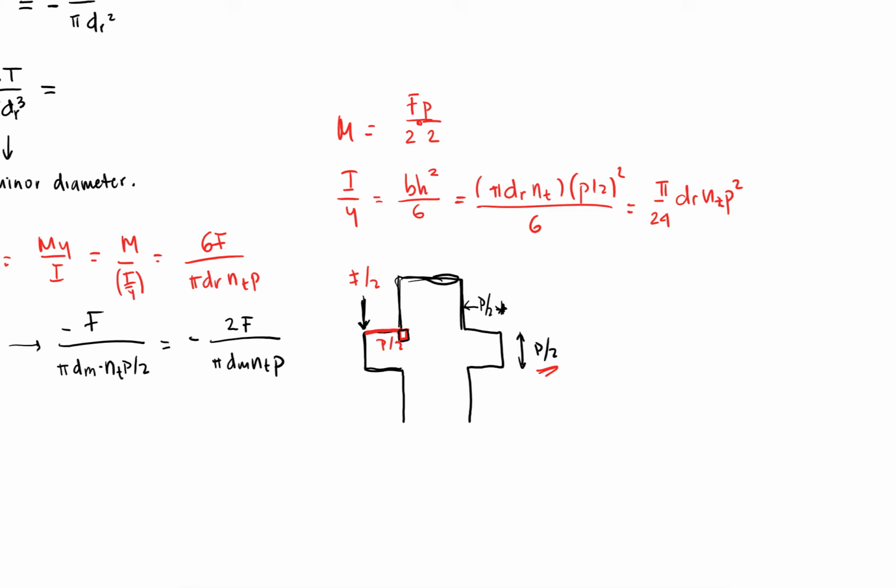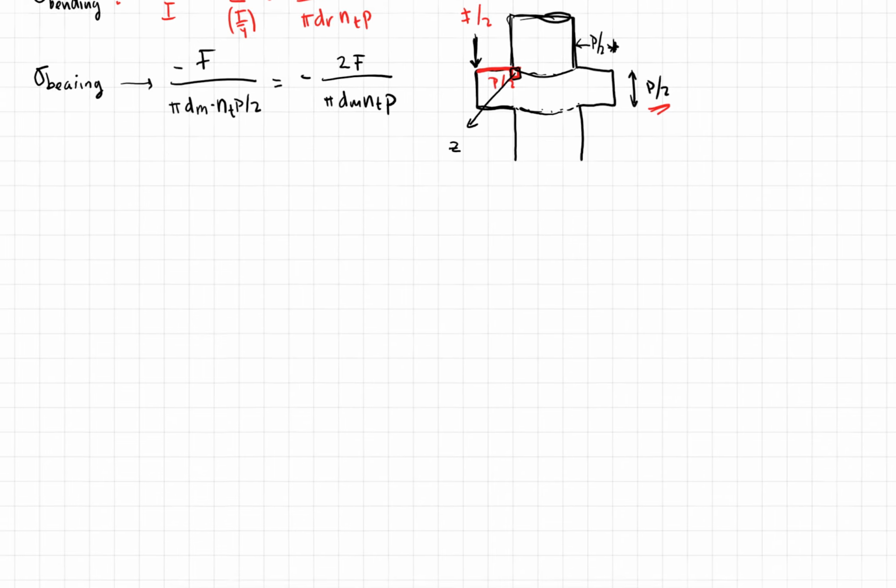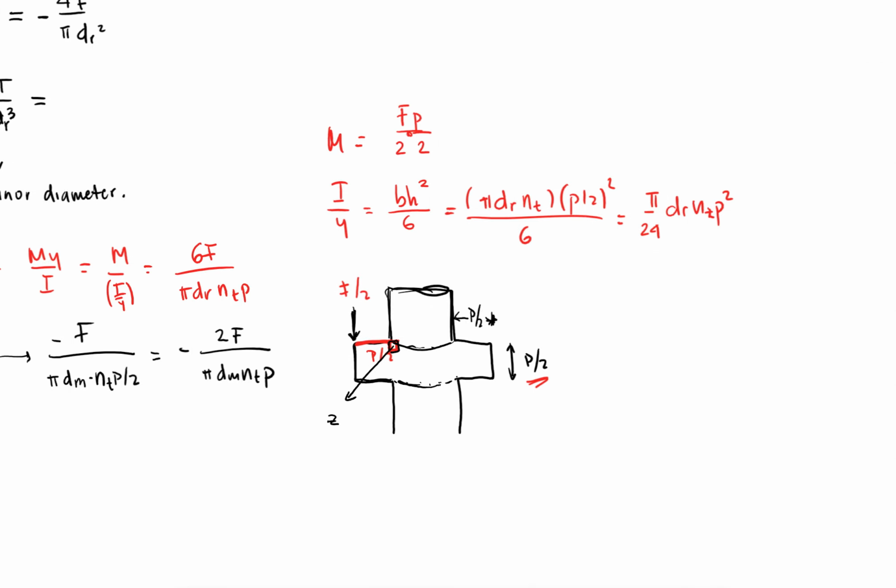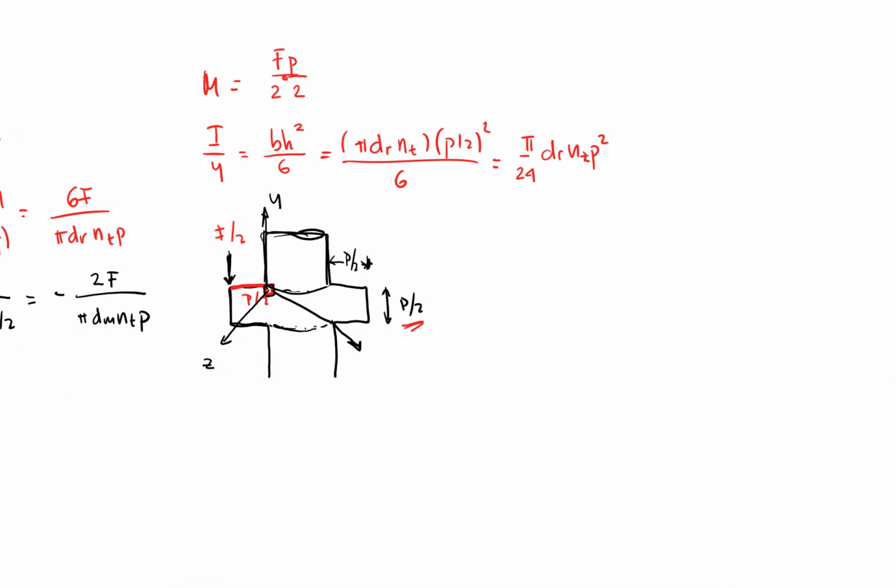So I'm going to give this a little bit of a 3D component to it, and we're going to call a z axis, x axis, and a y axis. Okay, and again, this is just going to be a cube element, so something like this.